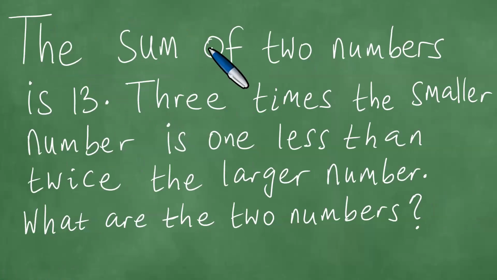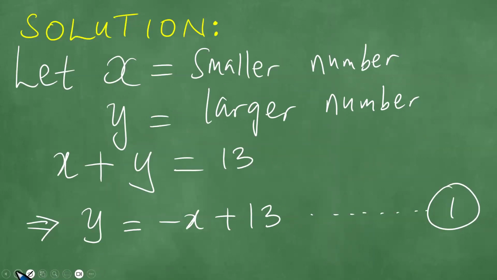Right, so the sum of two numbers is 13. We've seen that. Now, 3 times the smaller number is 1 less than twice the larger number. Let's analyze that. So now we know that we have the smaller number x and y is the larger number.